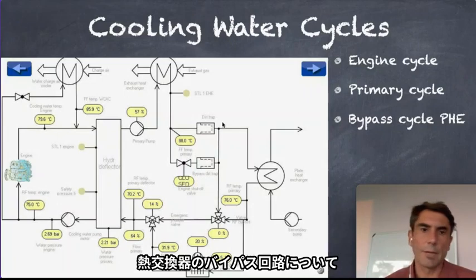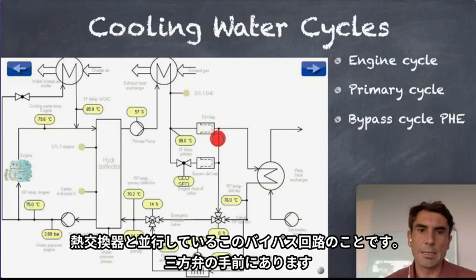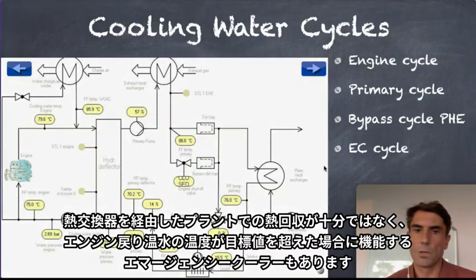The next one we have is the bypass plate heat exchanger. I'm talking about this bypass. It's parallel to the plate heat exchanger, with a three-way valve. In case we don't have heat supply to the client and the hot water comes back to the engine too hot, so we exceed our target temperature, we have a cycle that runs through the emergency cooler, as well with a three-way valve.